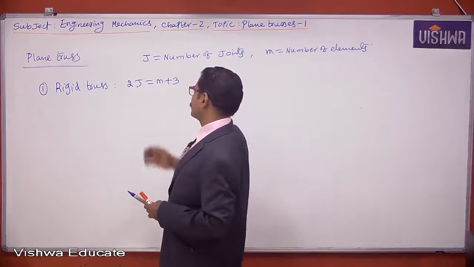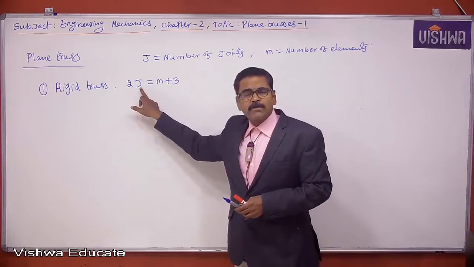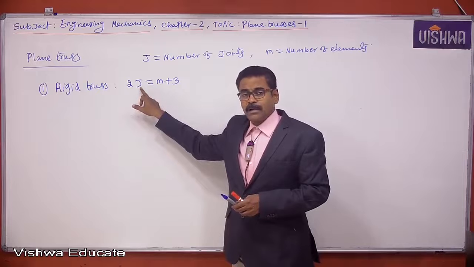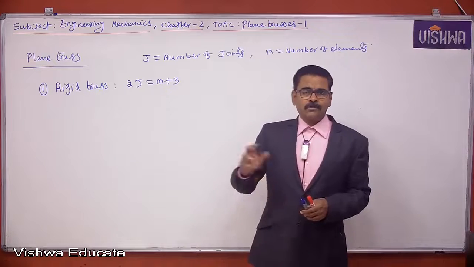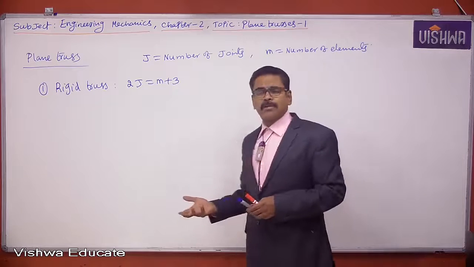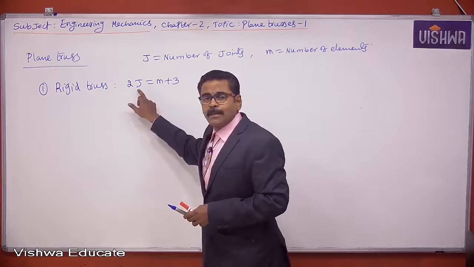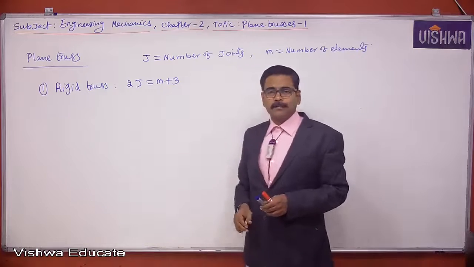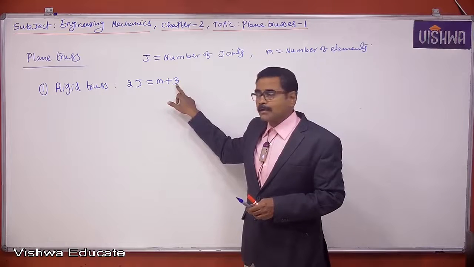Now you can easily understand here. j could be either even or odd. 2j is always even. That means on the right hand side also you have to get even. Already 3 is there. How do you get an even number on the right?